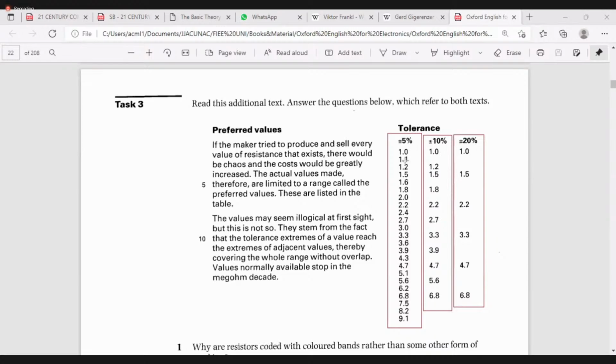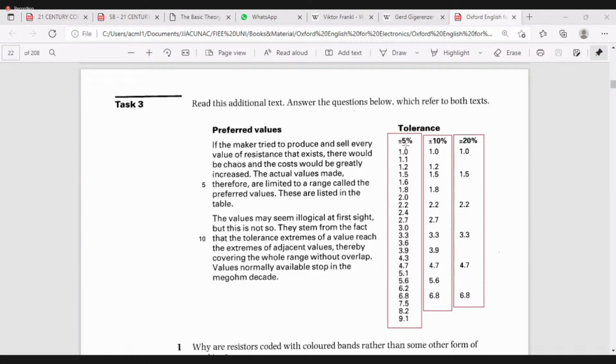Or, well, 1.1 is more specific, 1.6, possible to find, but not very common. Possible to find, but not common, because the tolerance is even less. So the preferred values are all these values that are considered in the tolerance scope. If the manufacturer tried to produce all the values, it wouldn't be commercially profitable.